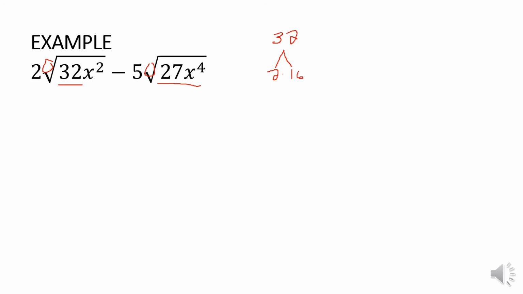Still 16 is divisible by 2. So 16 divided by 2 is 8. So 2 times 8. And then 8 is still divisible by 2. So 2 times 4. And then 4 divided by 2 is 2.